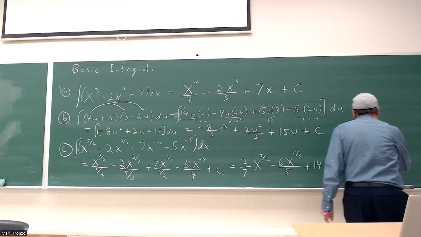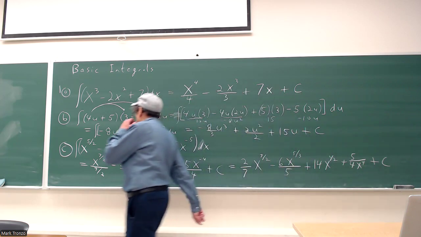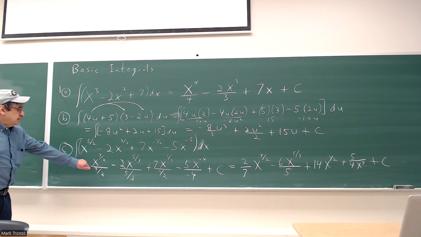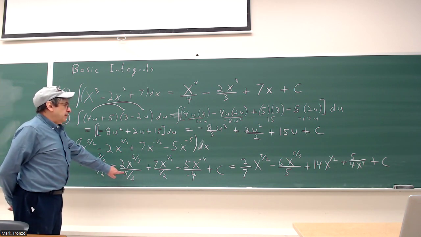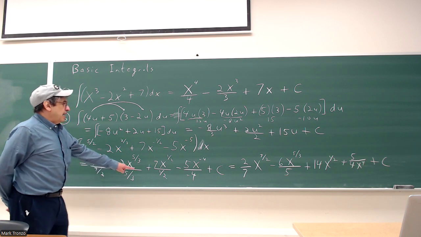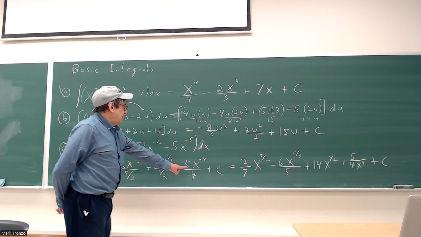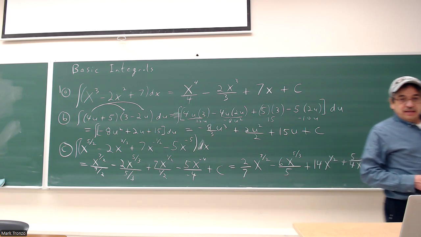Plus. So what I did was take the reciprocal of these fractions in the denominator, multiply these out. Same thing over here. Over here, canceled the negatives and brought this x to the negative 4 into the denominator.